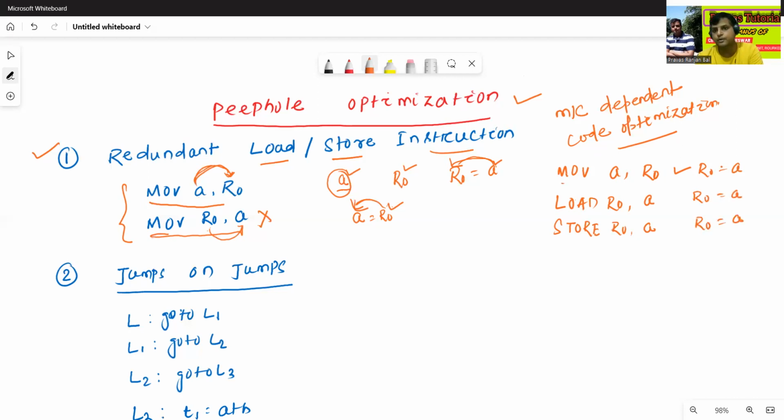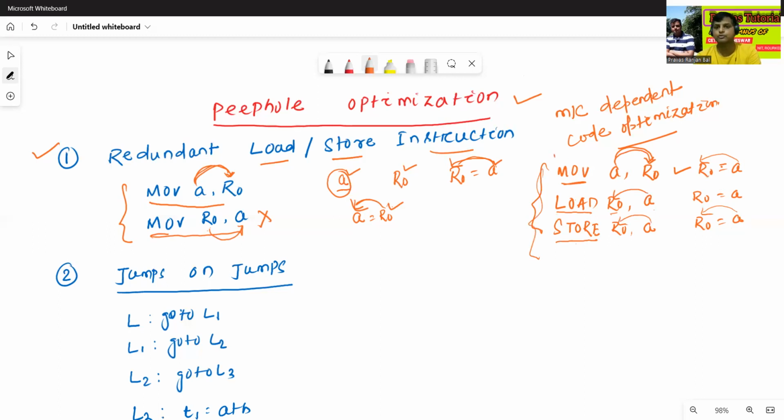Here move means we move A value in R0, or we assign A value in R0. We can also write Load R0 comma A, which means we assign A value in R0. Or similarly, we can write Store A in R0, meaning A value in R0. But all meanings are the same.